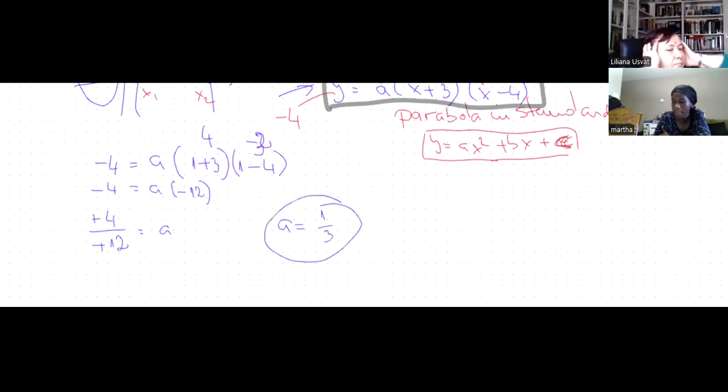Okay? Now we rewrite the equation in factor format and we expand.